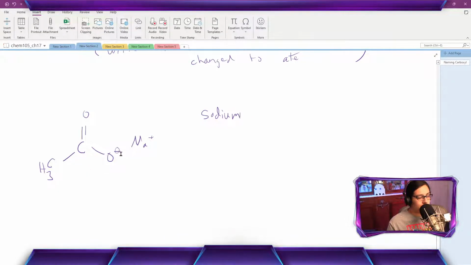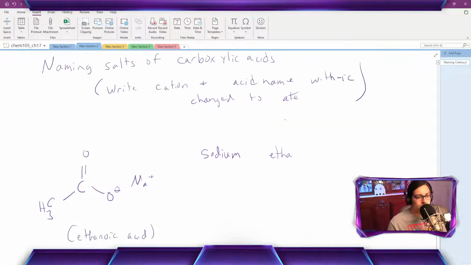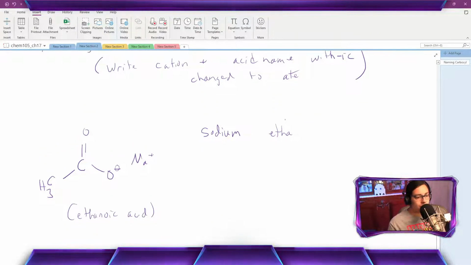So there's 2. So remember that was ethanoic acid. And so now we're just changing the ic to ate. So sodium ethanoate. And that would be our salt.